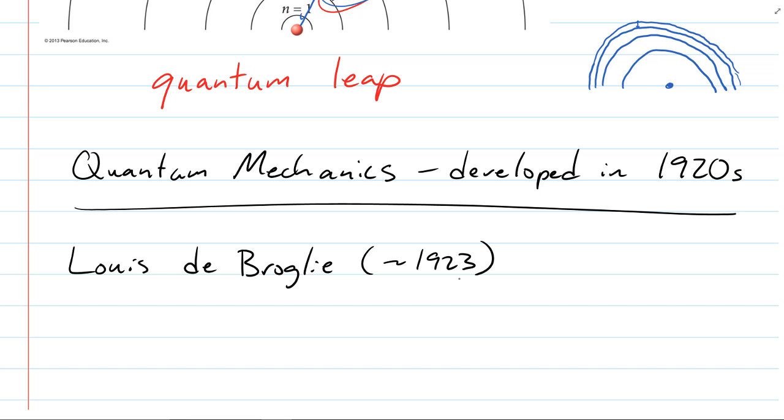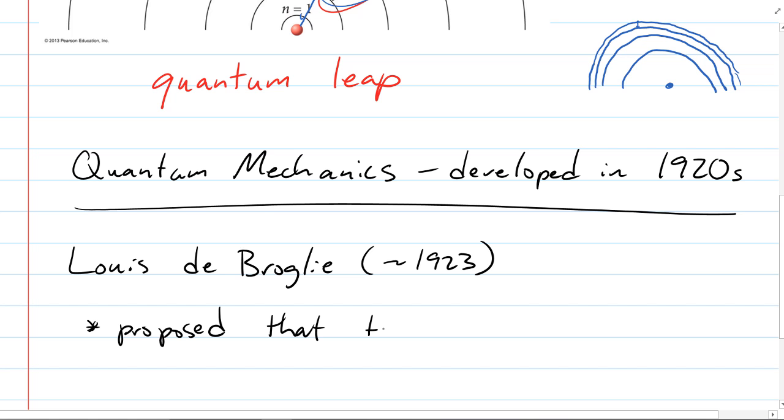So his proposal was this: he proposed that these tiny high-speed particles, like electrons in atoms, might have some wave-like properties.